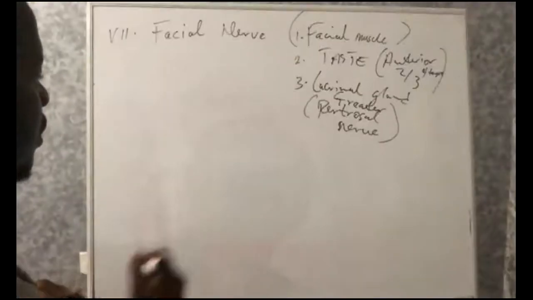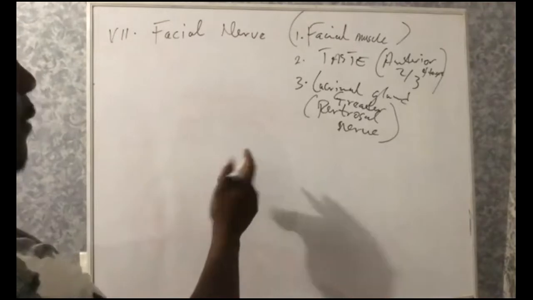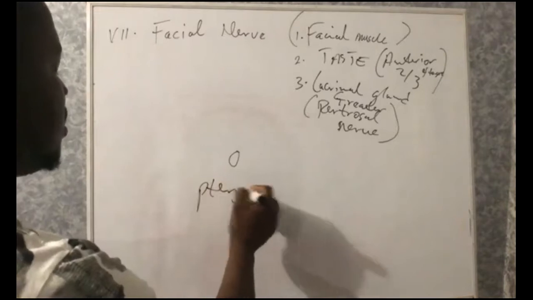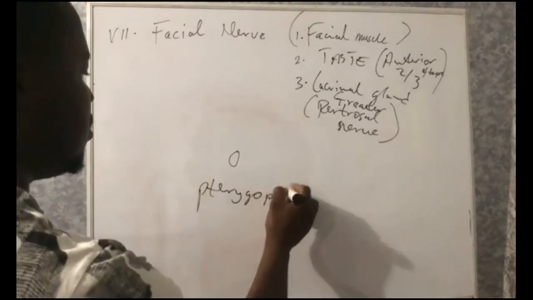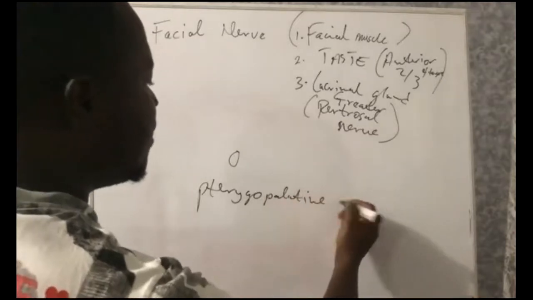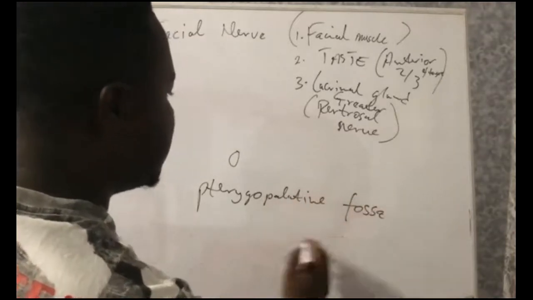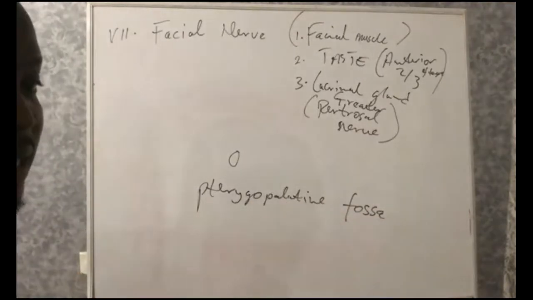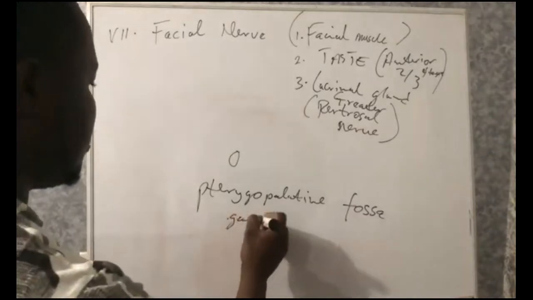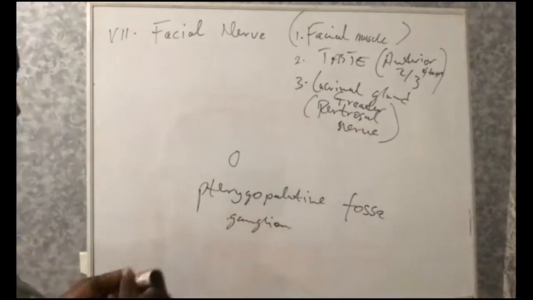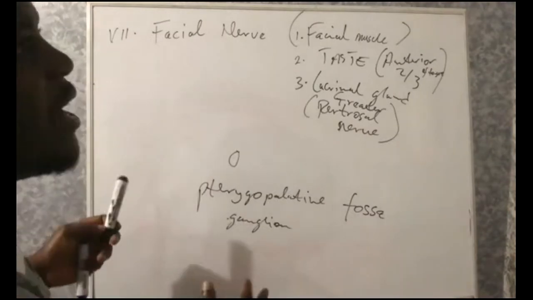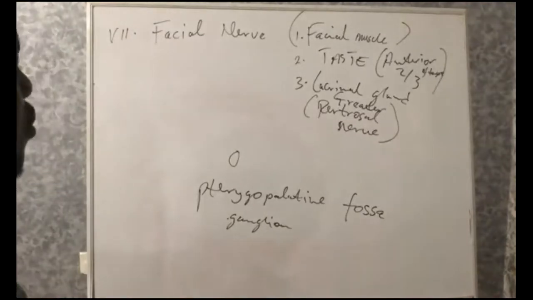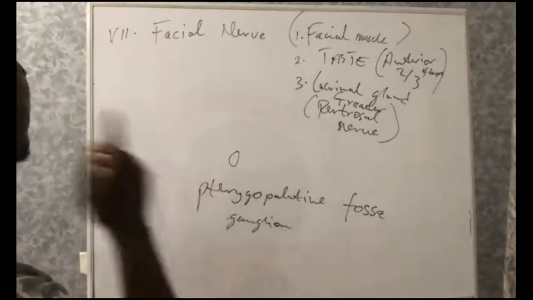Now, in the facial bone, there is an area called the pterygopalatine fossa. So it's a cavity, and in that cavity there is a particular ganglion. A ganglion is just connective tissue surrounding a group of cell bodies, so different cell bodies pass there.